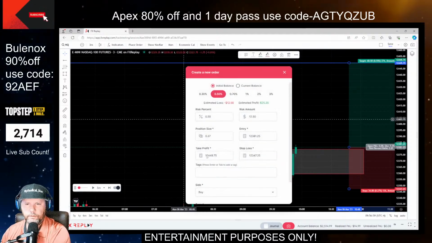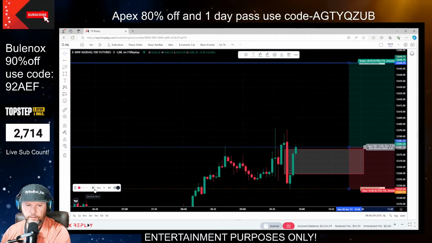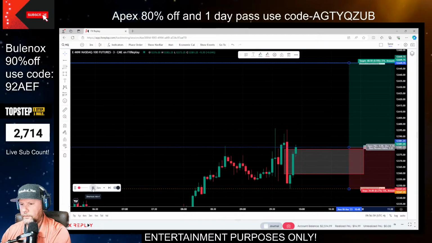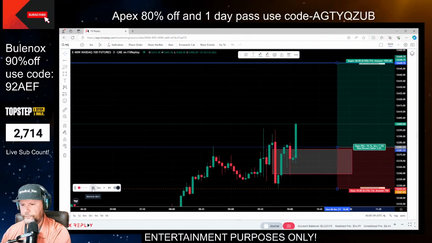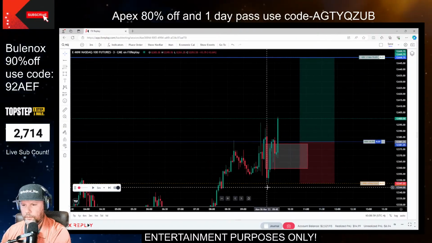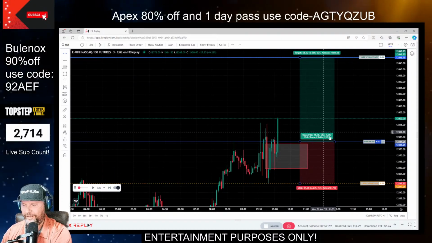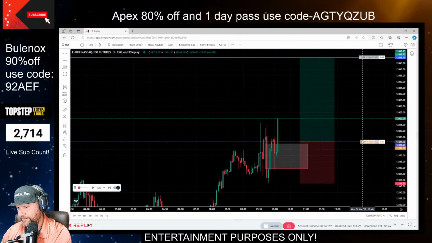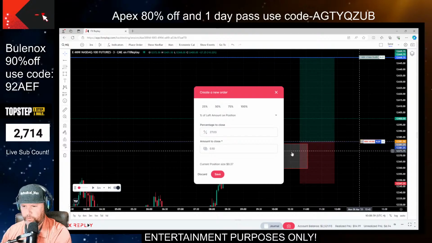All right, let's throw the order on here. Like I said, stops on this one's a little bit bigger than I really like, but boom. I wish the 3 minute chart moved that fast in real time, right? So scaling at 20 points here.